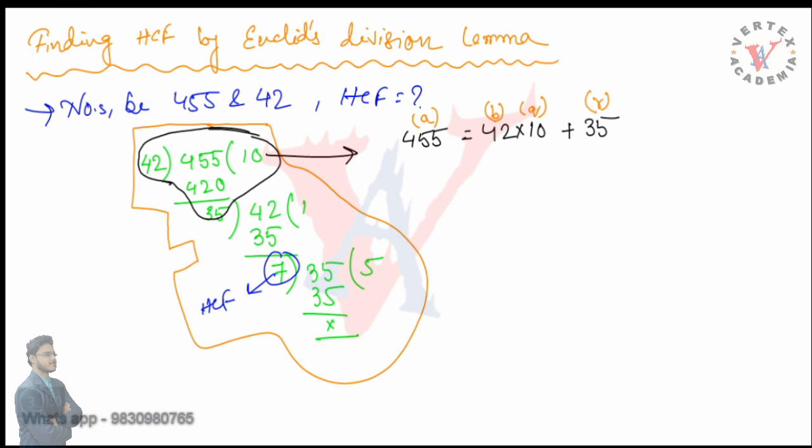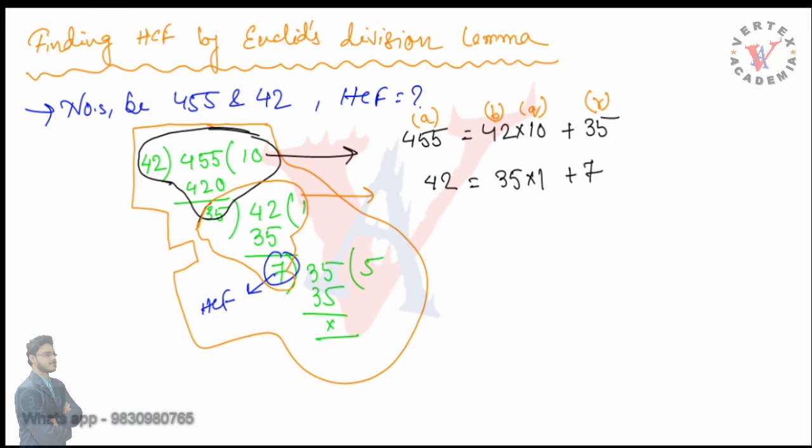Now coming to the next step, if we consider the second division step here, in this step we can write, again applying Euclid's division lemma, 42 equals 35 into 1 plus 7.